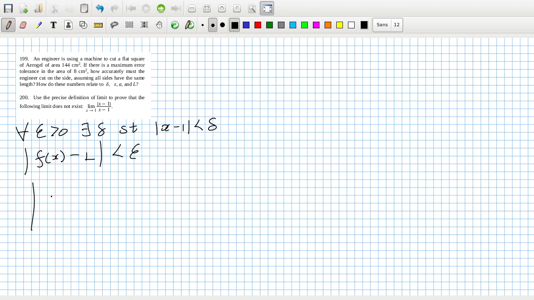So let's calculate this. That's x minus 1 over x minus 1 minus L is less than epsilon.